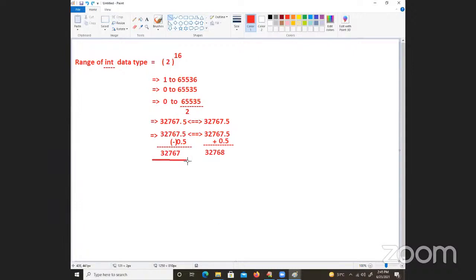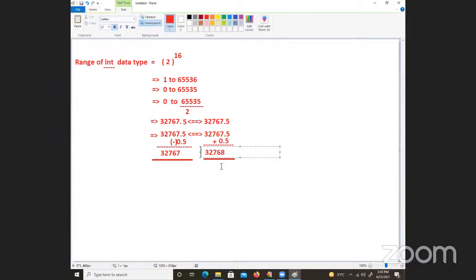So why are these two partitions mentioned? One is meant for positive number representation. One more is for negative number representation. See, on one side one value is extra, plus one is added, 32,768. Once you understand this observation, the other thing is going to be dead easy, because I am going to open one chart for you. That chart is going to show some numerical values, and this value is meant for the negative side.